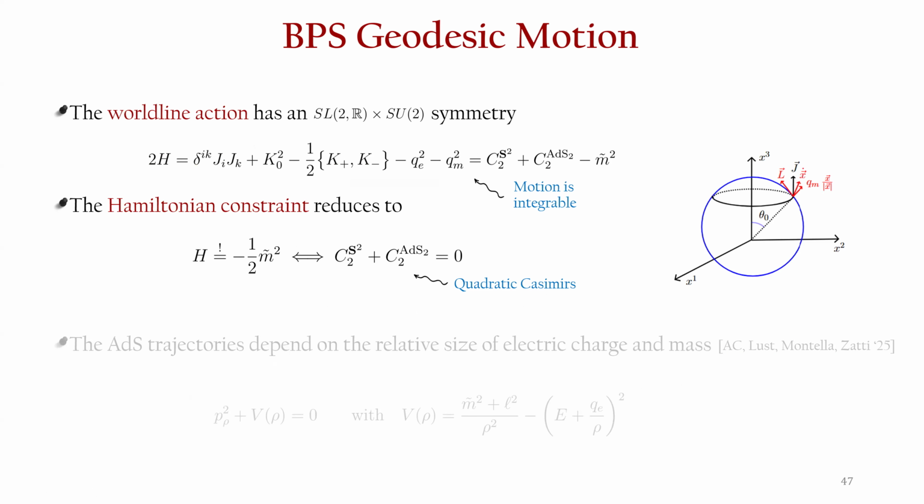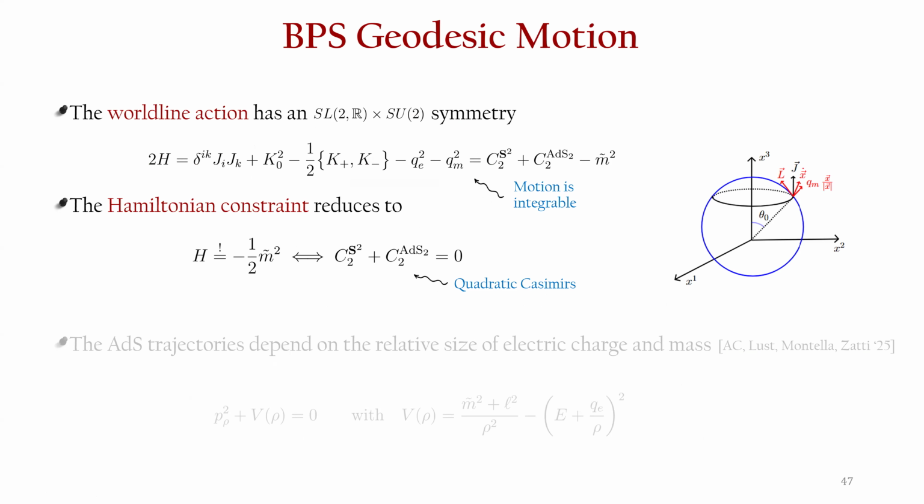What do the particles do in this kind of background? Well, it turns out that the system is very symmetric. Of course, it inherits the isometries of the background itself. So it exhibits this SL(2,R), the conformal group of AdS2, and the SU(2), the rotational symmetries of the sphere. And actually, this allows us to solve the problem completely algebraically.